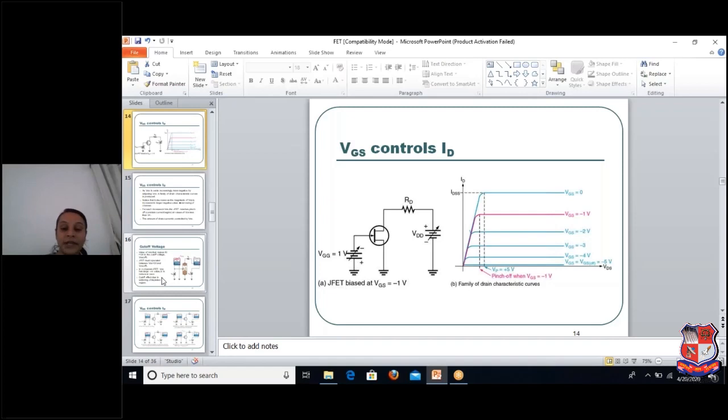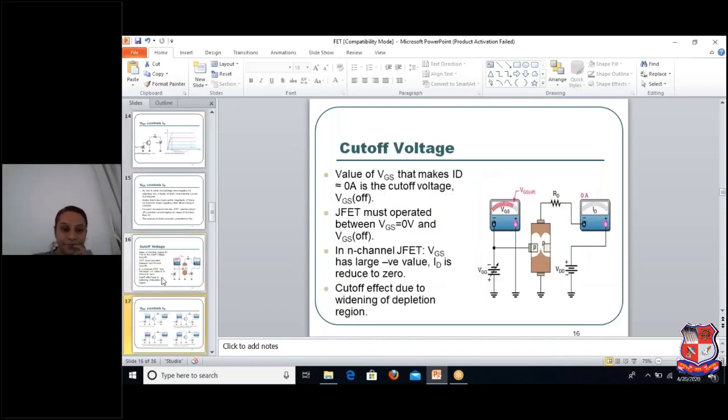Whenever you use VGS minus 1 volt, your pinch-off voltage also decreases. And at the last point, your pinch-off voltage and your VGS voltage become the same. So VGS equal to VP equal to minus 5 volt.